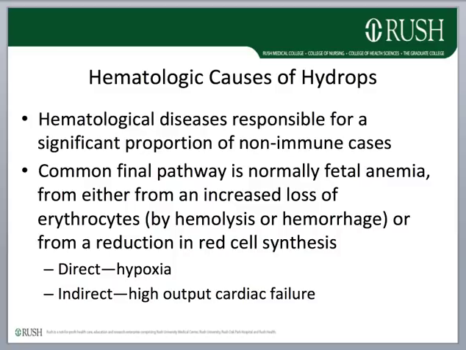Although the proportion of cases of hydrops related to immune disease has decreased, hematological diseases have remained important and are responsible for a significant proportion of non-immune cases. From the perspective of underlying pathophysiology, the common final pathway is normally fetal anemia, which results either from an increased loss of erythrocytes by either hemolysis or hemorrhage, or from a reduction in red cell synthesis.